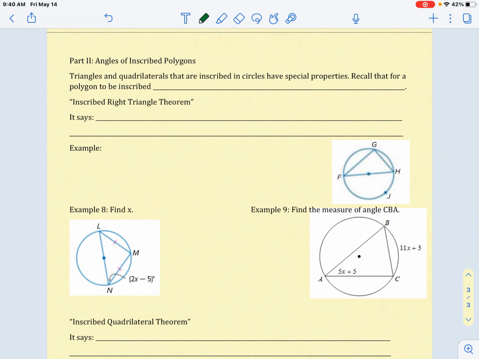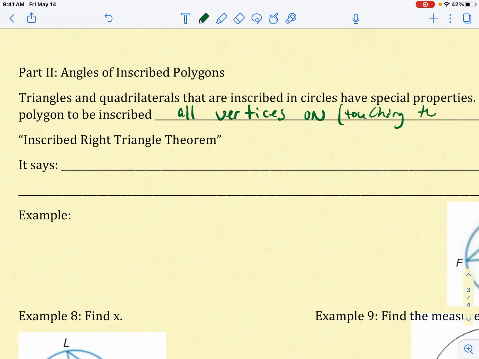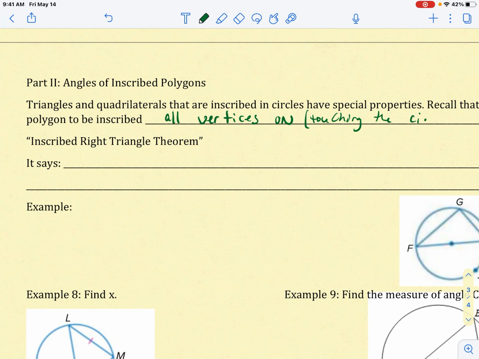Okay, so we've got 2 more theorems left. So what happens if we draw triangles and quadrilaterals inside of circles? Well, specifically we're talking about inscribed. So inscribed polygons have all vertices on or touching the circle.